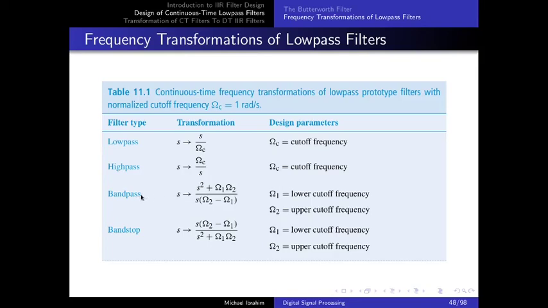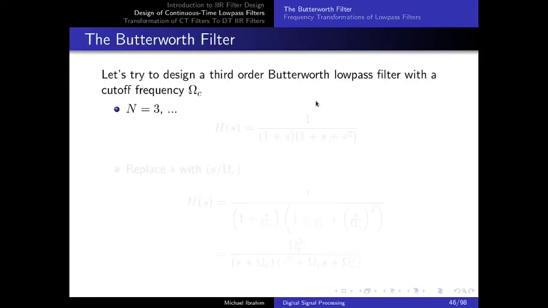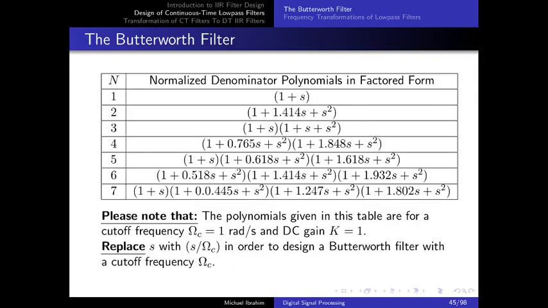And similarly for band-pass and band-stop, if you replace s with this equation, you will get a band-pass filter. If you replace s with this equation, you would get a band-stop filter. The critical part over here is that you're substituting s in the prototype expression, the prototype expression which appears in this table. So we always start with this standardized table.